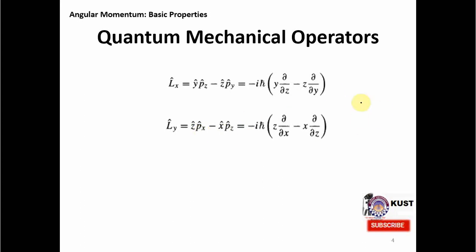This is technically or operationally good, because now we know what to do with the function when Lx or Ly is acting on it. We know that we have to take the derivative with respect to z and then multiply it with x, and similarly in this term we have to take the derivative with respect to x and then multiply with z, and so on. So operationally this right hand side is needed.